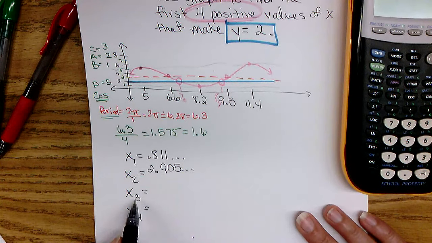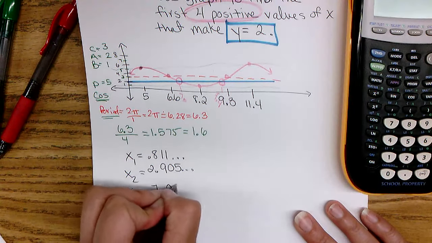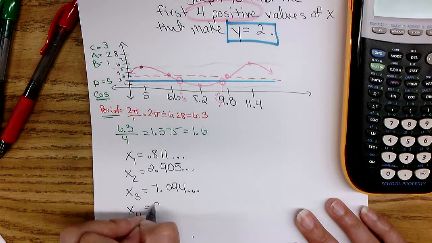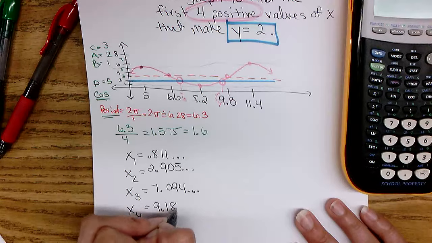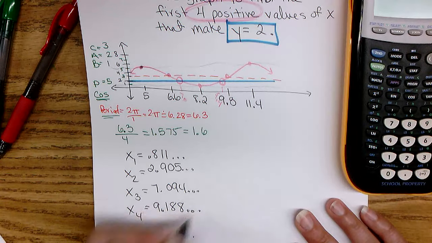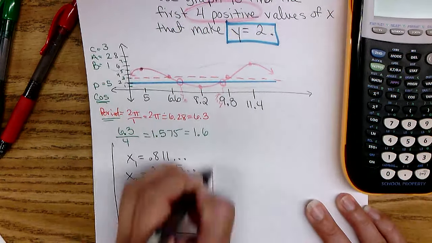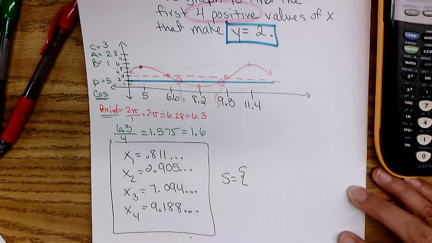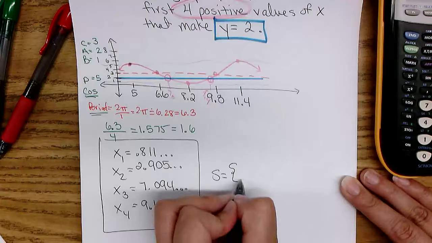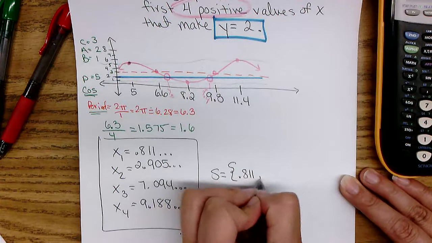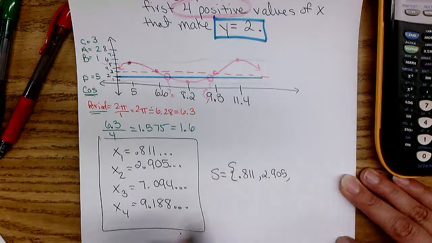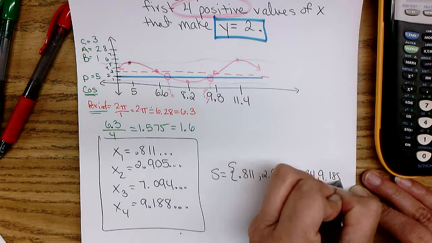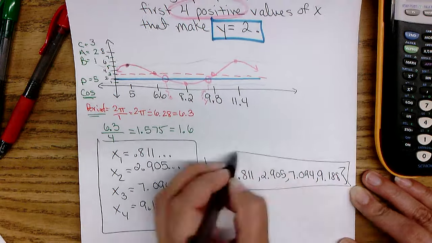X3, Jordan, what'd you get for X3? 7.094. Mm-hmm. And Camila, the fourth one, the last one? 9.188. Mm-hmm, yeah. Perfect. So these are the first 4 intersections. You would write them as a solution after you got them out of your calculator as a final answer in order from least to greatest. Like that.